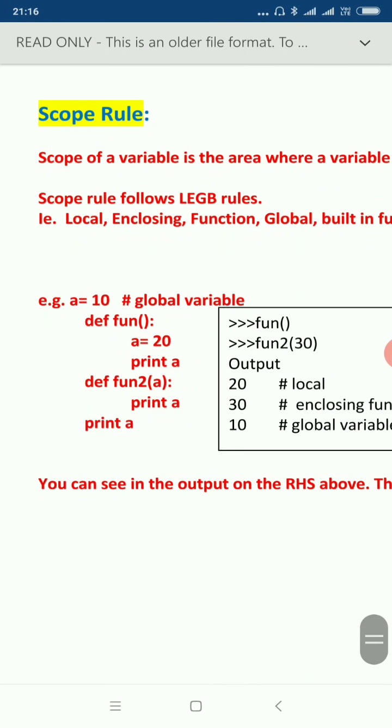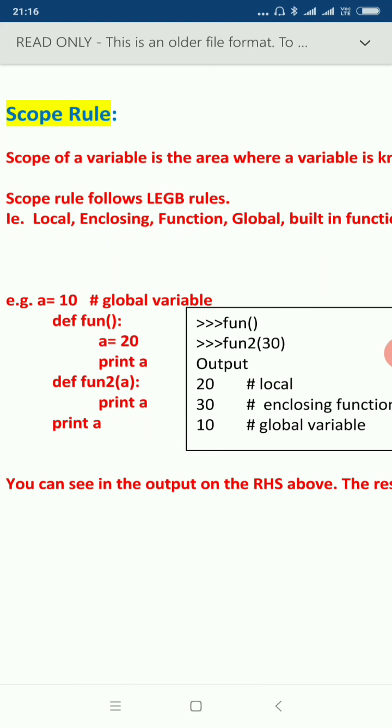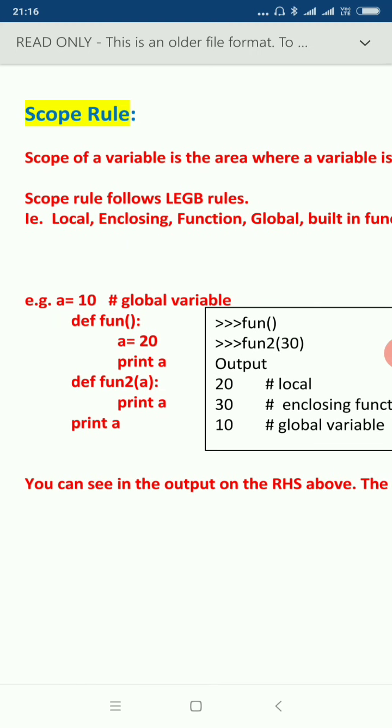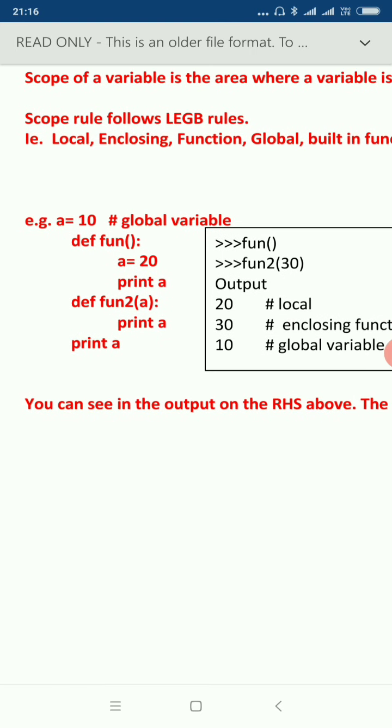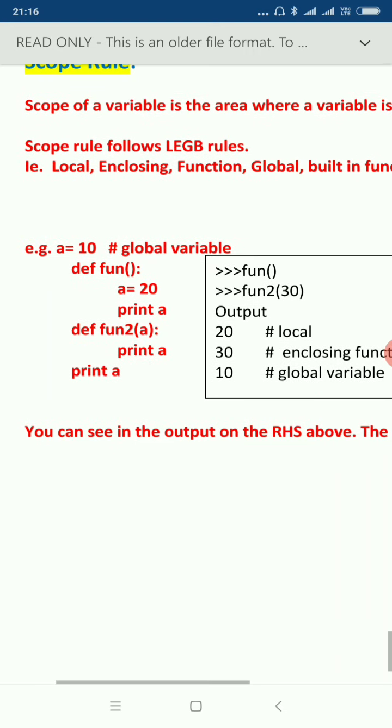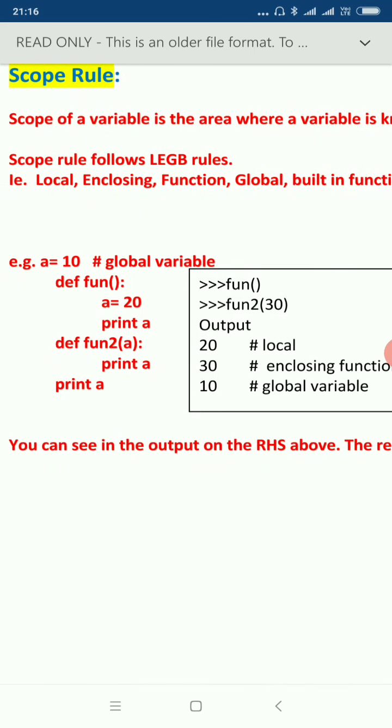Scope rule. Scope rule stands for the visibility, or where the variable is known or visible. Scope rule follows LEGB rule. LEGB stands for local, enclosing function, global, and last is built-in function.